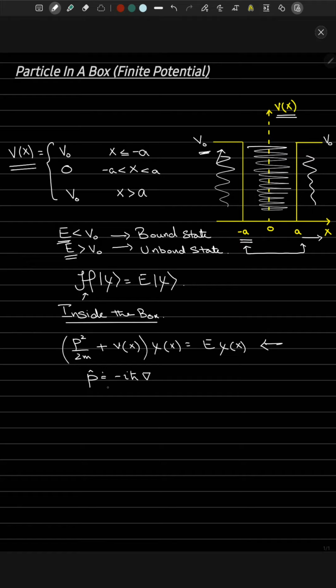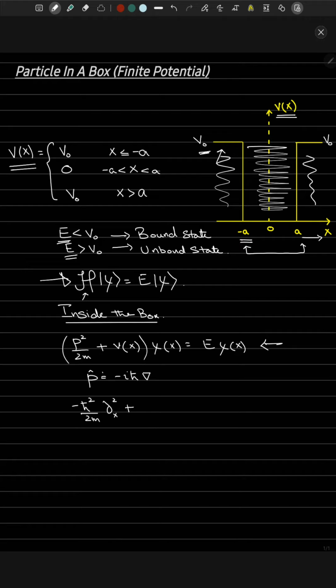Upon doing that, we can write this energy eigenvalue equation for inside the box as negative h bar squared by 2m partial x squared plus.